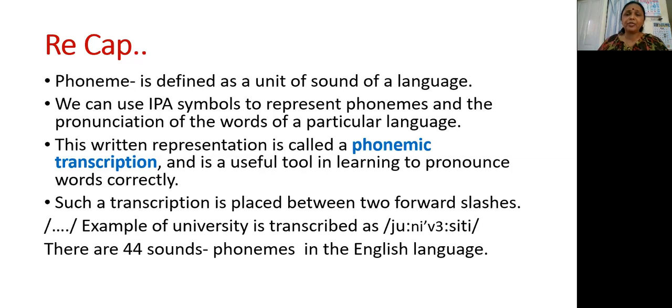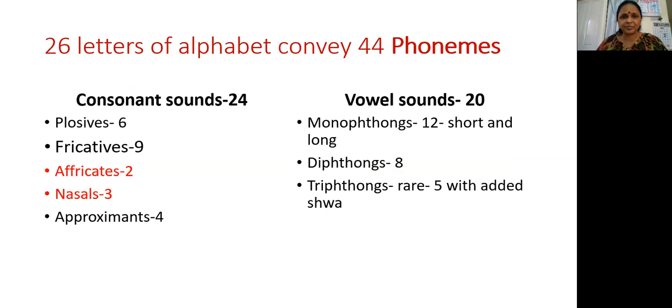As you all know, there are 44 sounds or phonemes in the English language, represented by 26 letters of the alphabet. Now 26 letters of alphabet convey these 44 phonemes, out of which 20 are vowel sounds and 24 are consonants.